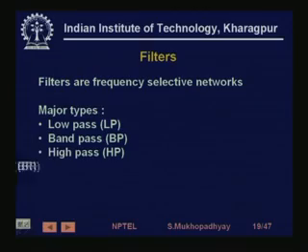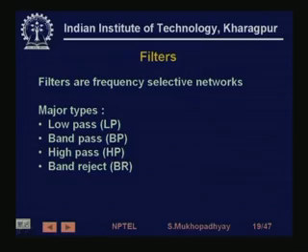For example, suppose we know that we don't have any DC signal in our actual case. Typically when we measure vibration, we cannot have a DC signal in vibration. Vibration signals are always kind of high frequency. But some DC may come due to other kinds of biases, so we can eliminate them using high pass.